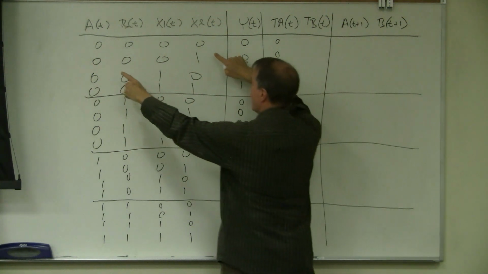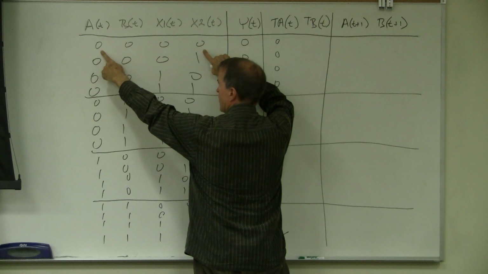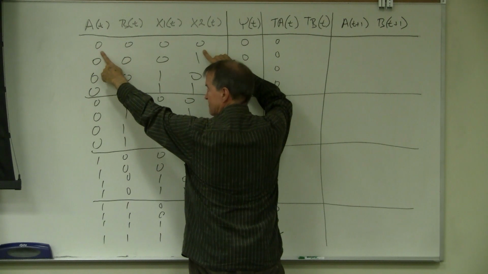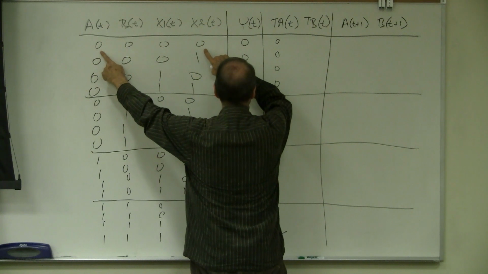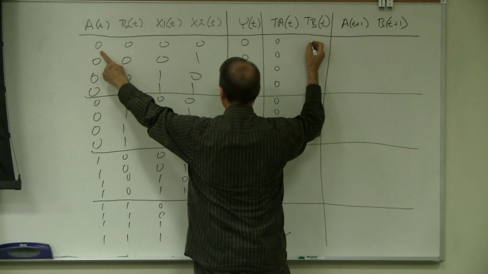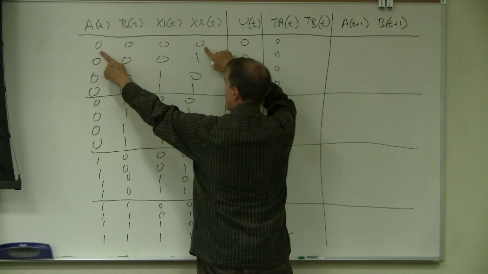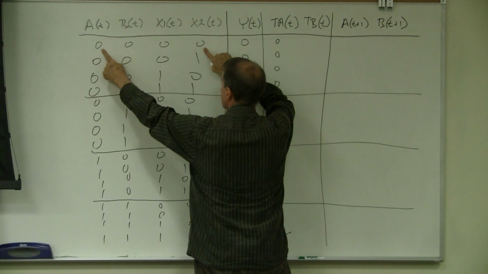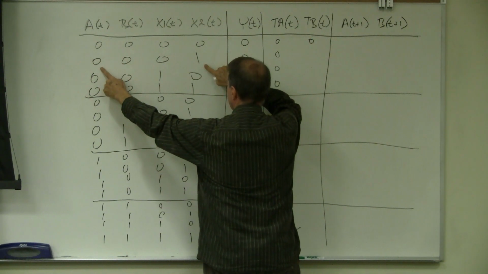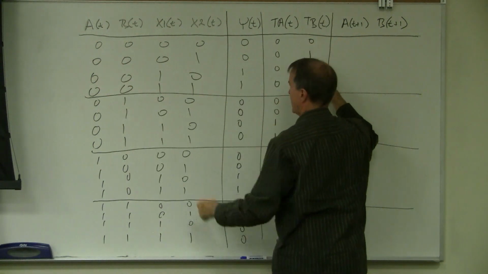So we look at this column and OR them. Is everybody with me? So who is next? What is 0 or 0? 0. Is everybody good? So next. 1. Next.